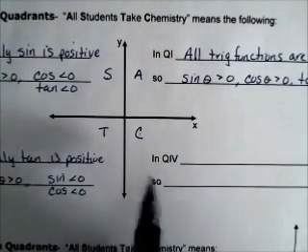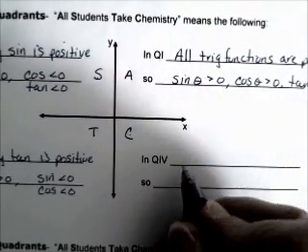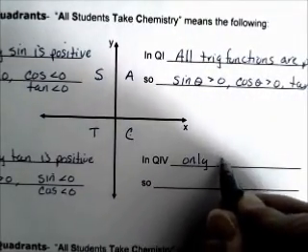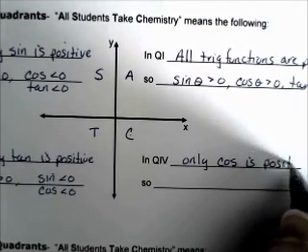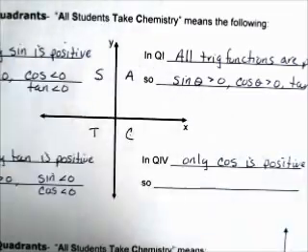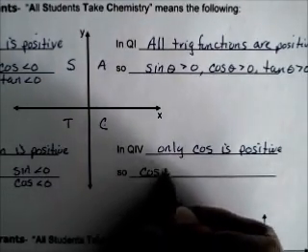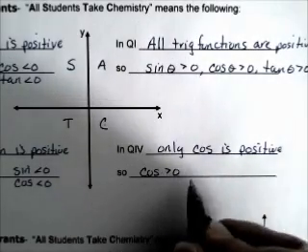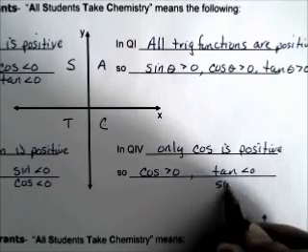And quadrant 4, C is for cosine. Cosine is positive. Only cosine is positive. Meaning cosine is greater than 0, tangent and sine are less than 0.